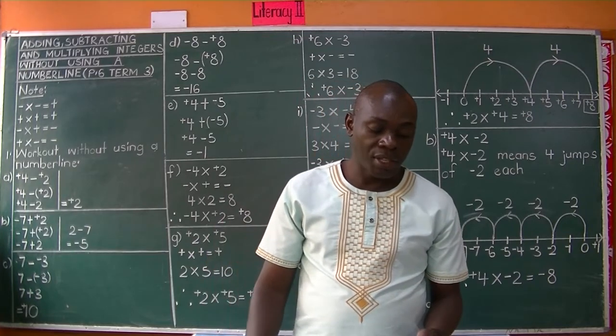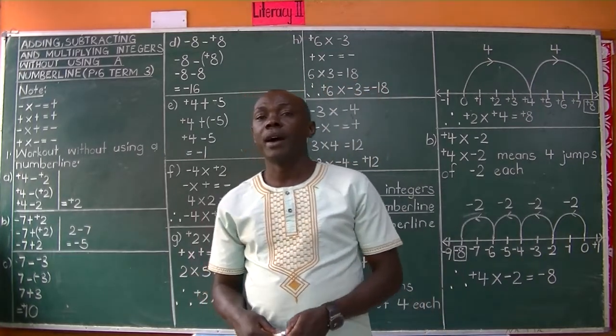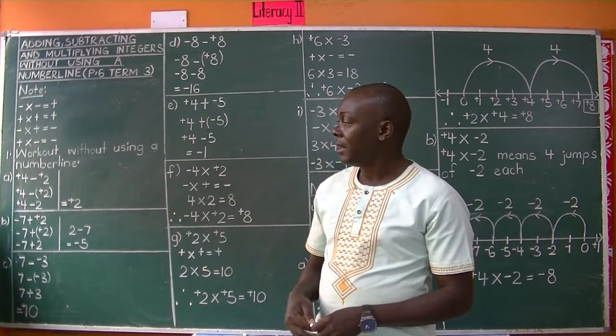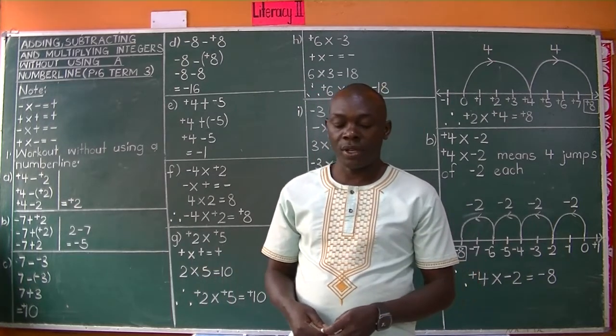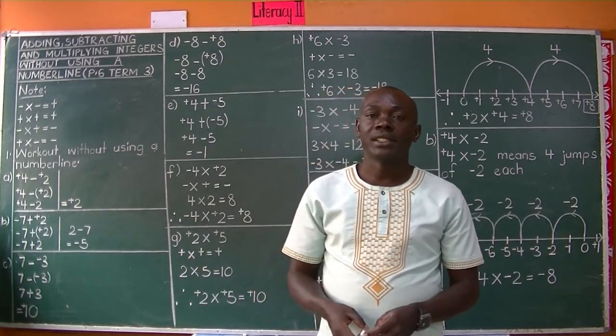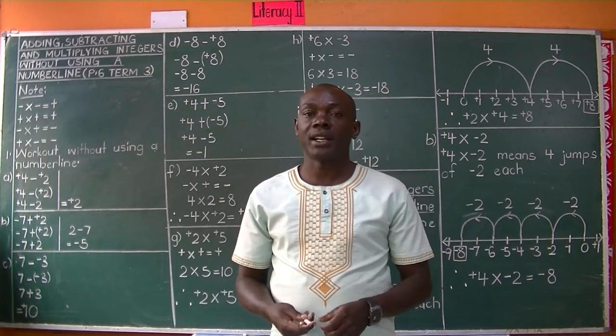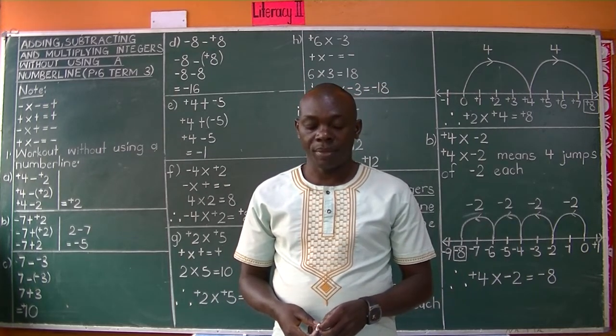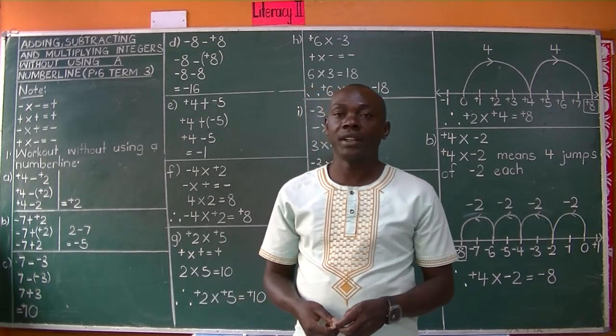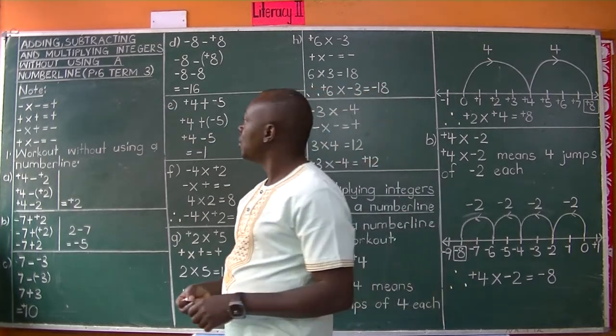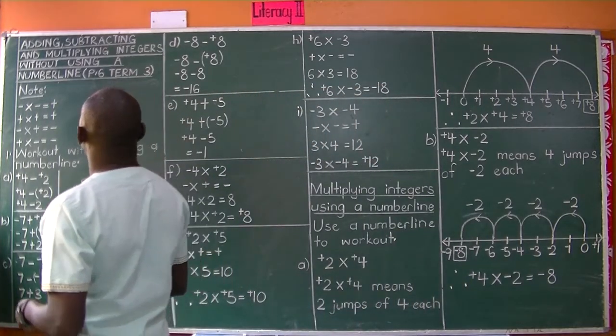Later we shall use a number line to multiply the said integers, and when you watch this lesson successfully you'll be able to answer the activities from page 94 to 97 of our workbook, term 3, P.6.